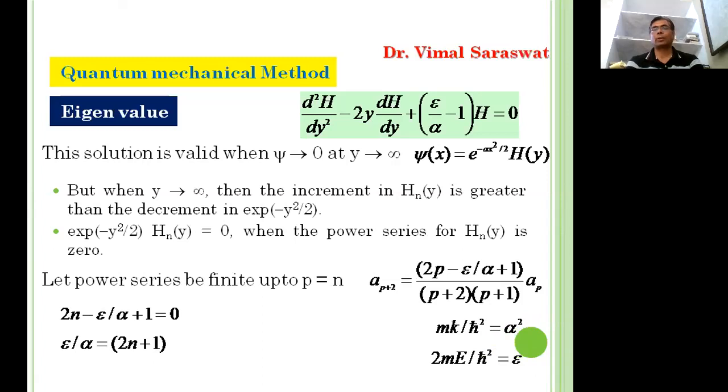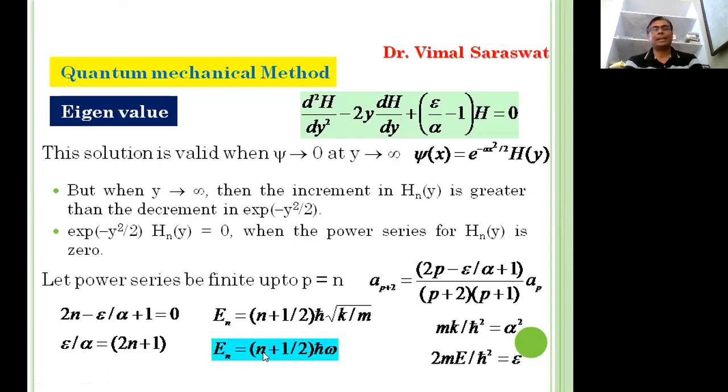Since α² = mk/ħ² and ε = 2mE/ħ², if we substitute the values of α and ε from here to here, then we get E_n = (n + 1/2) ħ√(k/m).